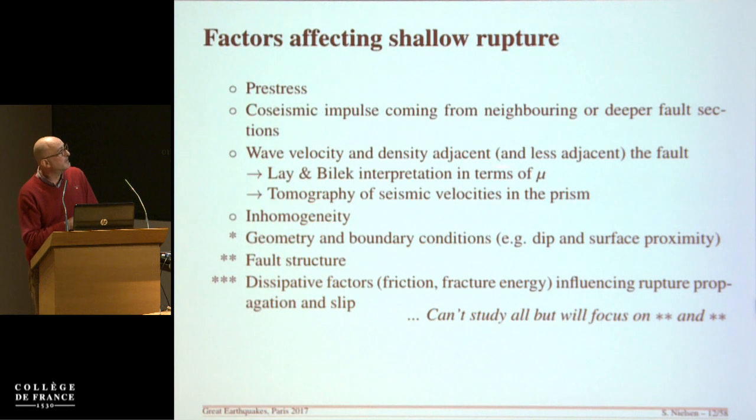Wave velocity and density adjacent to the fault are low, and so Ley and Bilek, for example, interpreted that this rupture propagated slowly because the shear stiffness was low. But this is just one part of the picture.